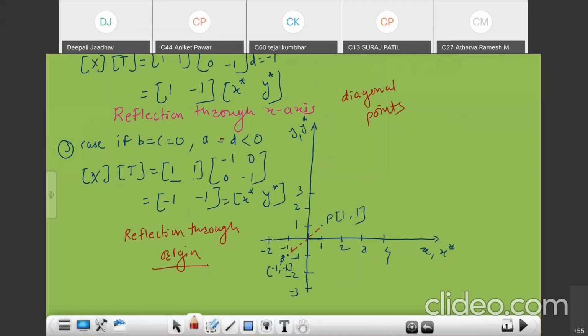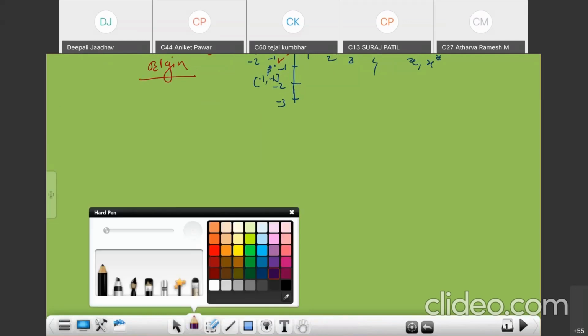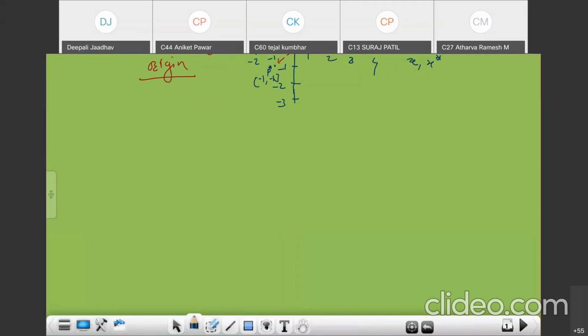Now we consider the effects of the off diagonal terms, B and C. B and C we kept 0 in all the cases, but now we are going to consider the effect of off diagonal points, that is B and C.